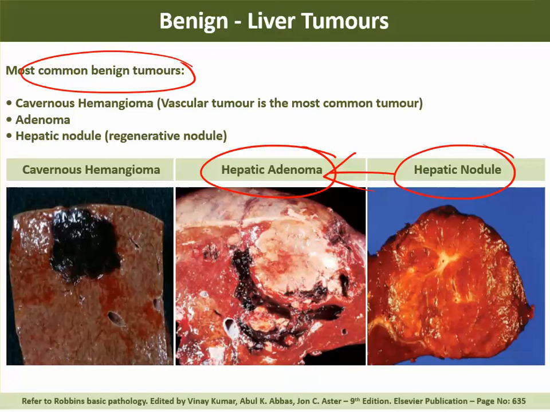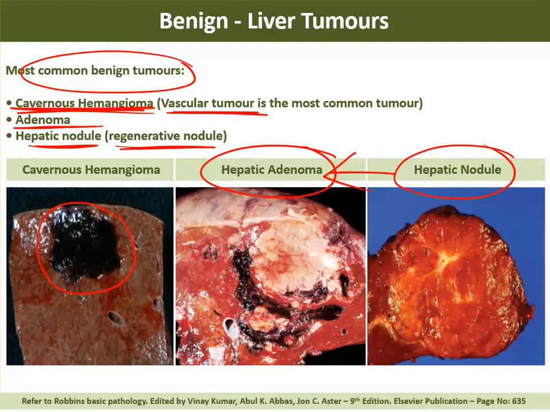They are regenerative nodules, and they always produce diagnostic confusion with hepatic adenoma. The most common vascular tumor seen in the liver is cavernous hemangioma, which has huge dilated blood vessels containing a lot of blood.